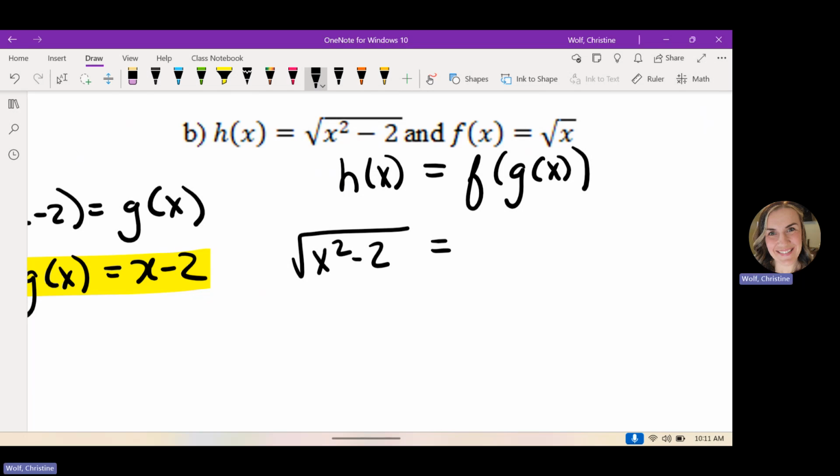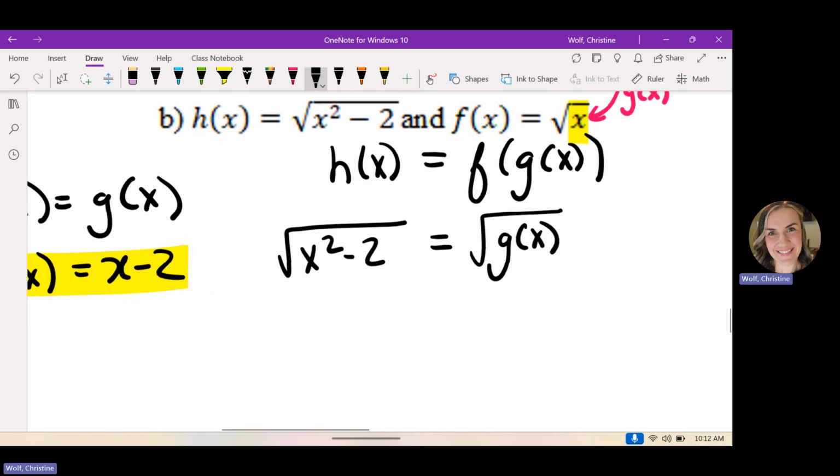Now, what would I have done over here? I would have taken whatever x was in my f of x and replaced it with what g of x was. So I'm going to do that again. Radical x, but instead of x, I'm replacing it with g of x, but I just don't know what it is yet. Okay, that's way easier.